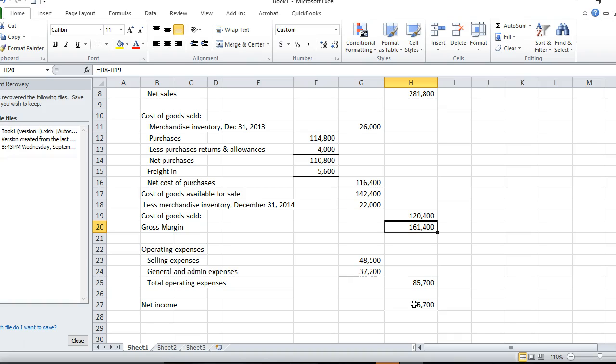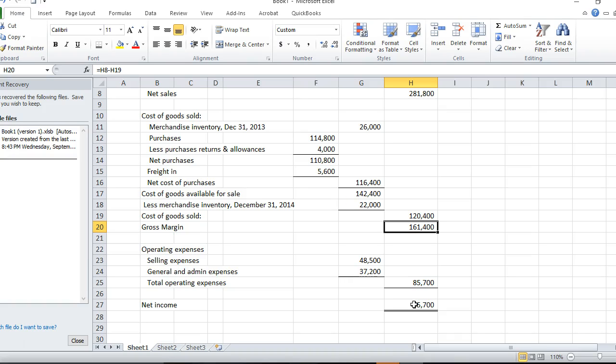So the way we calculated our sales was our gross sales minus our sales returns and allowances gave us our net sales. Now to calculate our cost of goods sold under this method, we had to start with the beginning inventory, add to it purchases, subtract from it purchase returns, add our freight in, subtract our ending inventory to come up with our cost of goods.